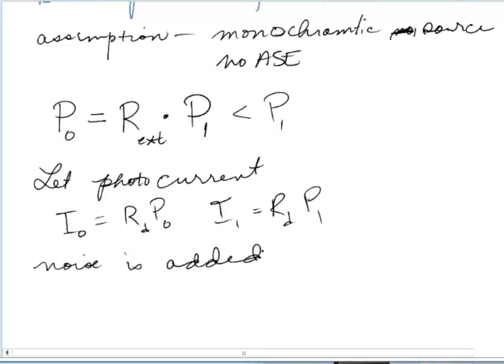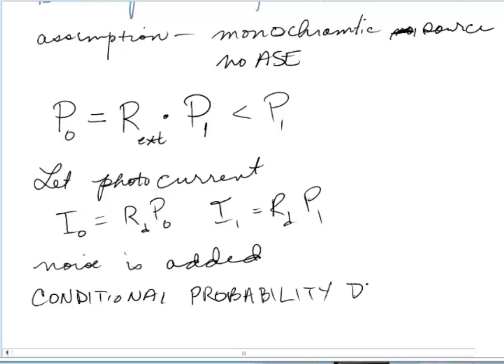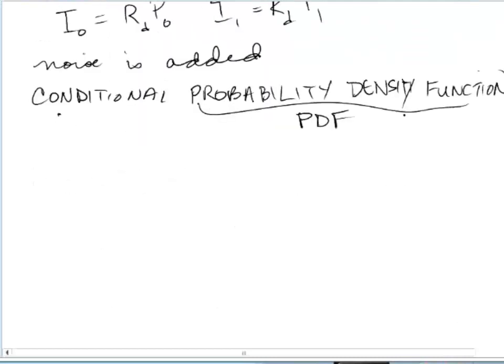And again, we said that this is Gaussian. So we're going to talk about the conditional probability density functions. So this is conditional, and this is a PDF, the probability density function for the photocurrent, which is the sum of both the signal and noise.